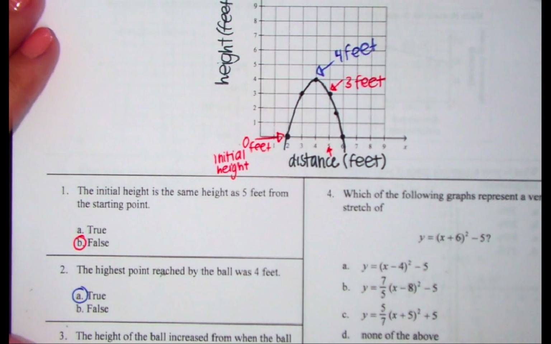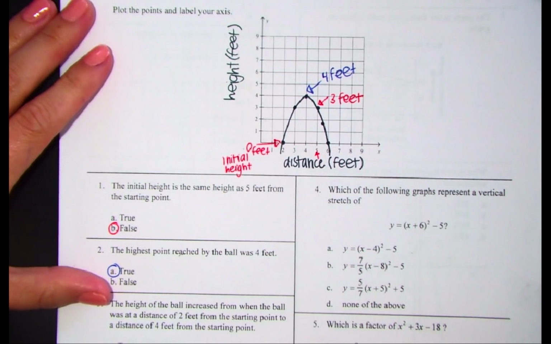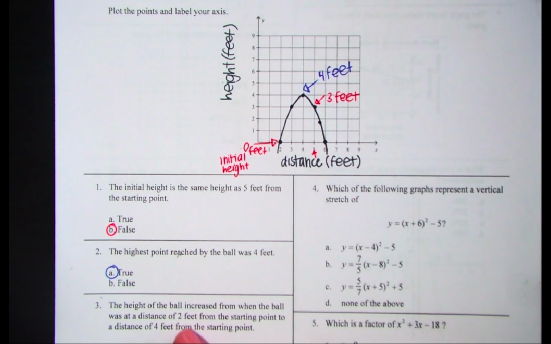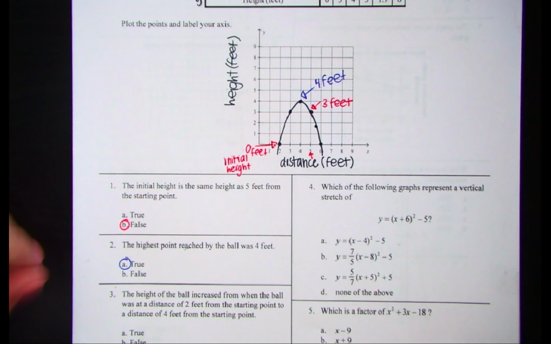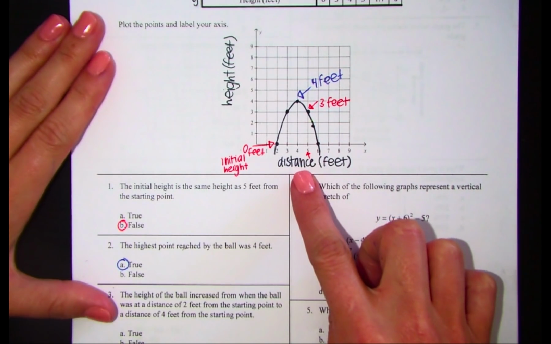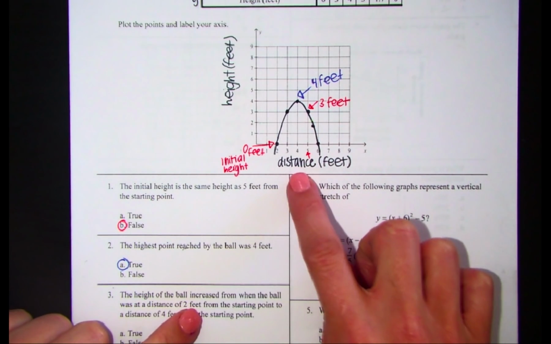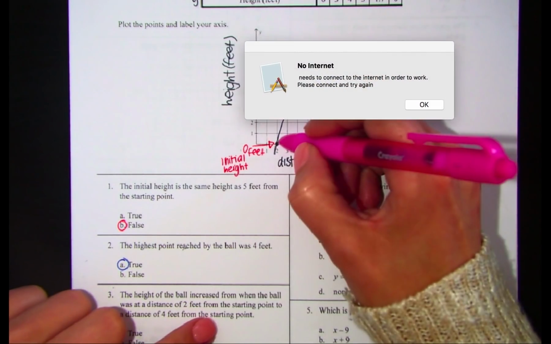And then the third question is asking if the height of the ball increased from when the ball was at a distance of 2 feet from the starting point to a distance of 4 feet from the starting point. So this is our distance from the starting point. If we go to 2 feet from the starting point, that will be right here.